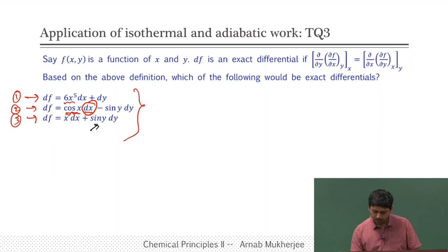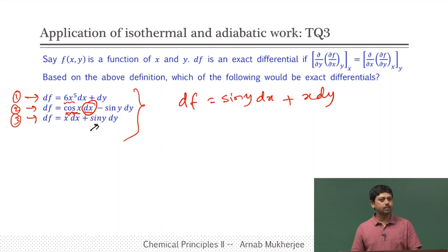Let us give you another df, where instead of x dx and sin y dy, I am taking the terms and reversing them: sin y dx plus x dy. I have just reversed it. Since I already have a dx here, the first derivative was already with respect to x, which is sin y. Now, I have to do with respect to y.